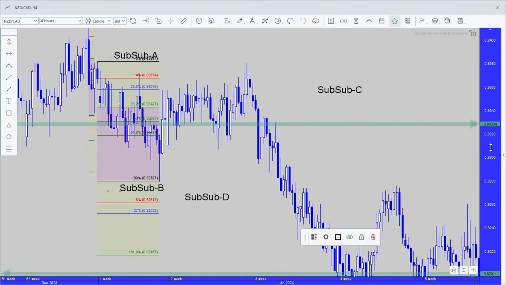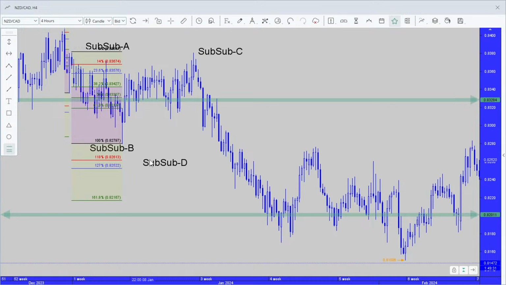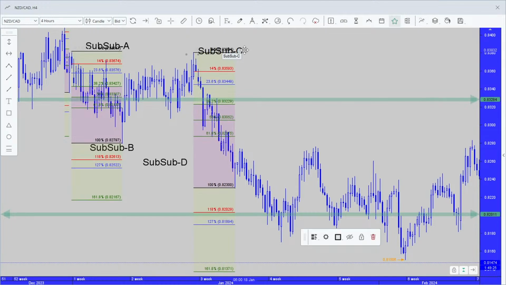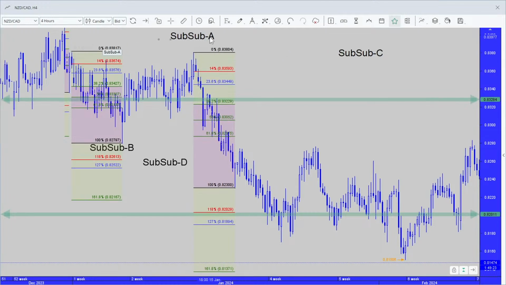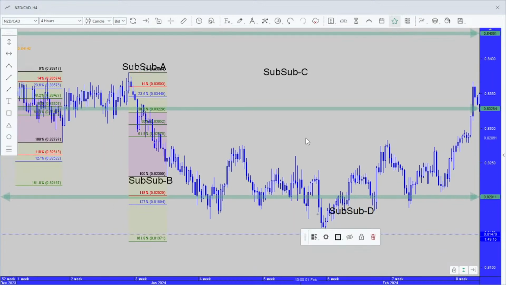Now again, red goes to red, right? Sub C. Red goes to red. It must be a low. That's not a low. That's a low. This is our new sub A, sub B, sub D. There you go.